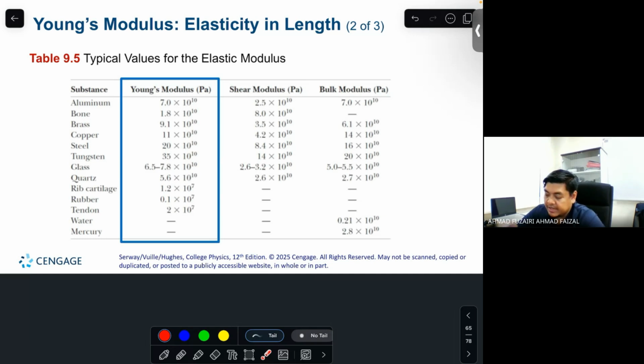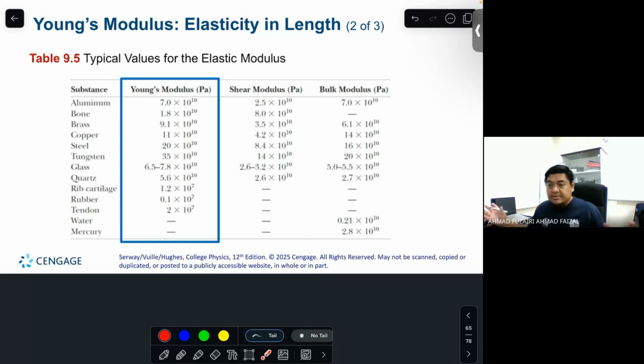Experiment shows that the change in length for a fixed external force is proportional to the original length, and the force necessary to produce a given strain is proportional to the cross-sectional area. The value of Young's modulus for a given material depends on whether the material is stretched or compressed.